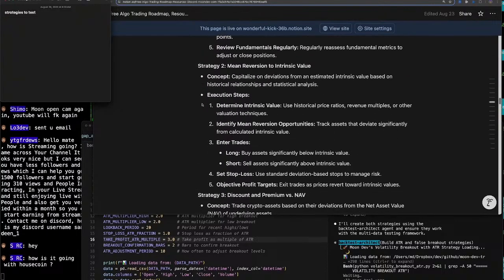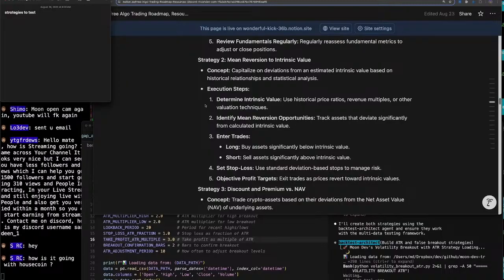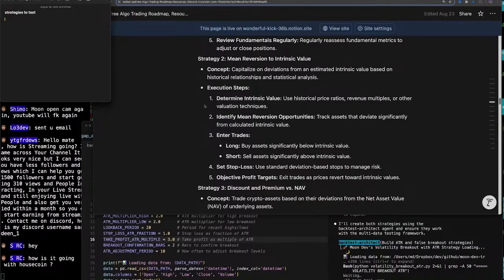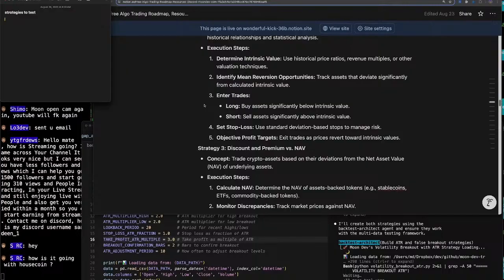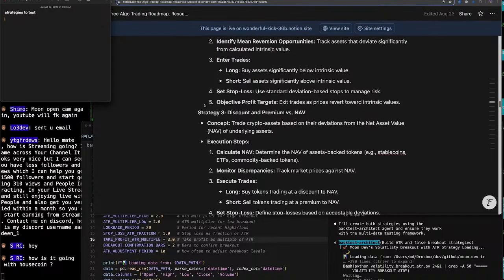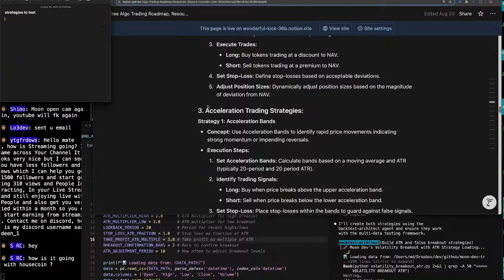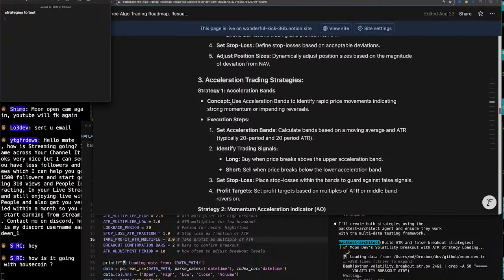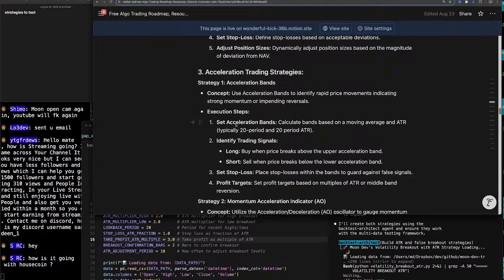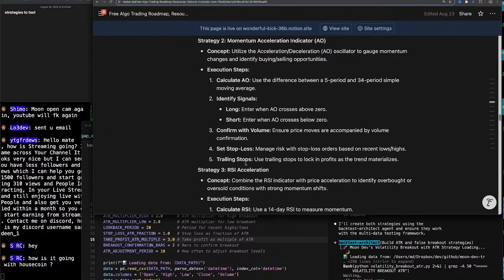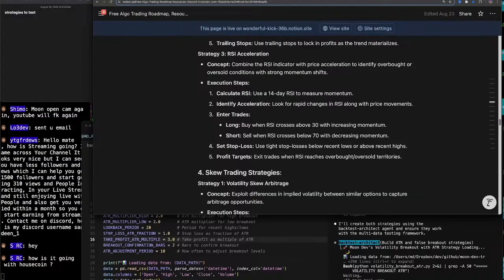Mean reversion to intrinsic value. Capitalize on deviations from estimated intrinsic value based on historical relationships. Discount and premium versus NAV. Acceleration trading strategies. Acceleration bands. Okay, this is one I want to do. And then acceleration indicator as well. And then RSI acceleration.